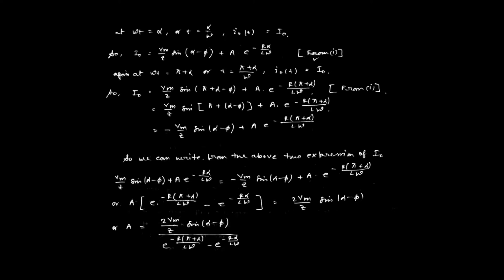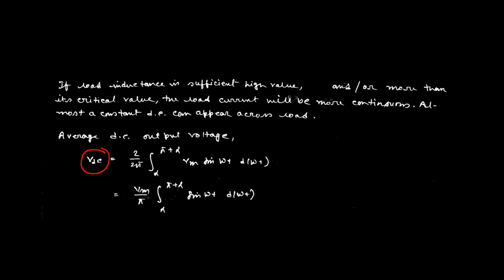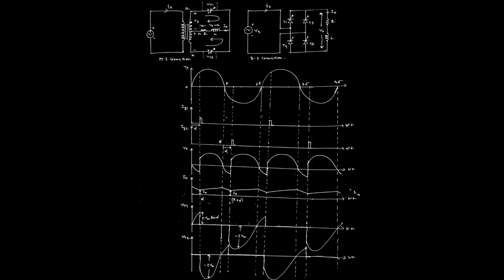At omega t equal to alpha, or t equal to alpha by omega, i0 is equal to capital I0. Next, if omega t equal to pi plus alpha, then again the value is I0. So keep these two values in mind.